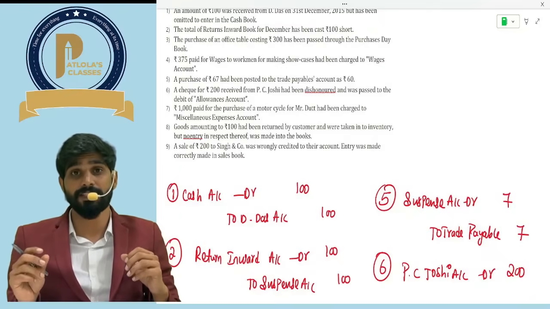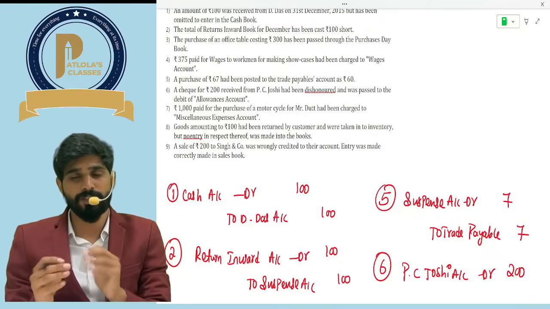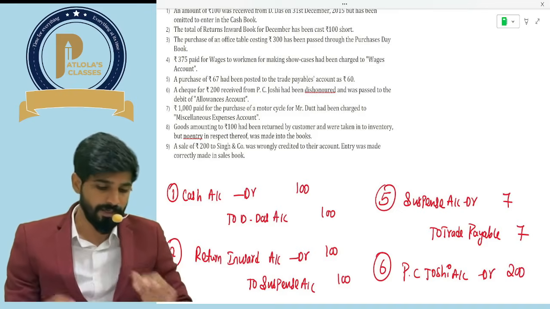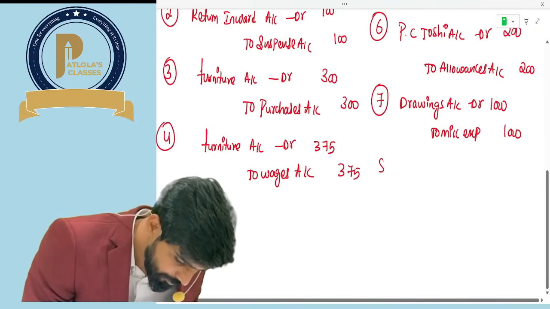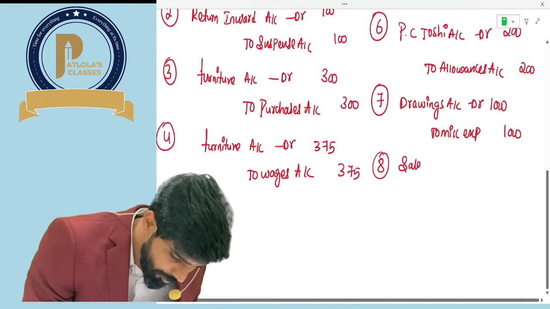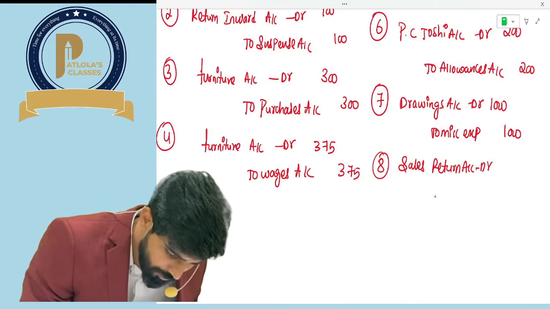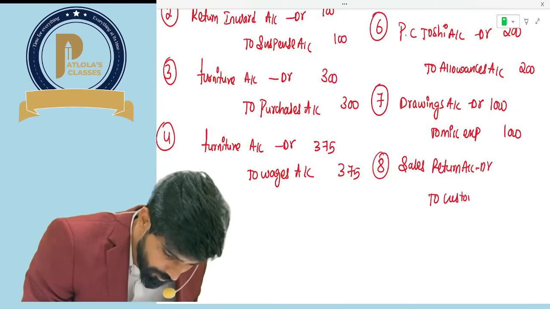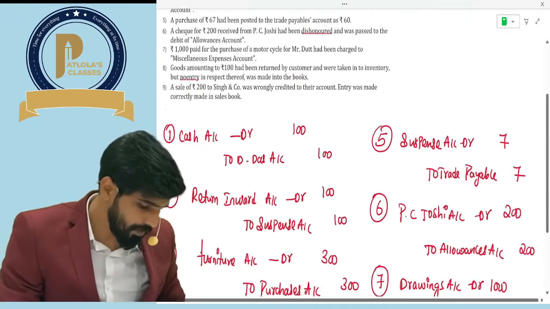Whenever it is a sales return, the entry will be sales return account debit to customer. I'm assuming that it's a complete omission and I'm writing the entry now. Entry will be sales return account debit to customer account. How much is the amount? Amount is 100.